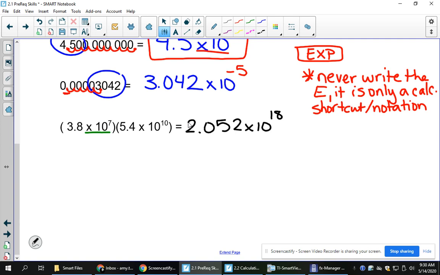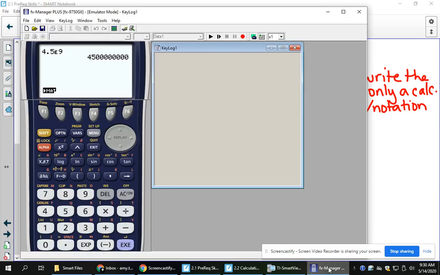Let's try on the Casio now. All right. The first one was 3.8 times 10 to the 7. I'll put it in brackets just to show a different way of multiplying. 3.8 times 10 is your exponent button to the 7 times 5.4 exponent button 10.